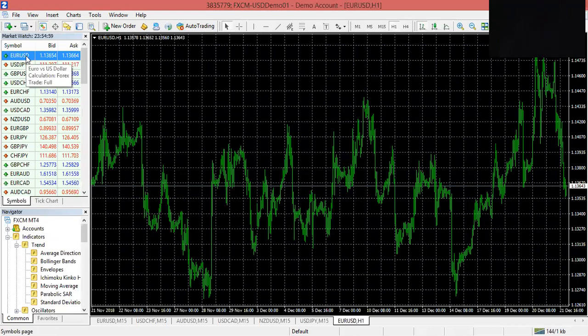Now, I like Euro USD because it's quite consistent, a lot of activities happen there, and the trading time is okay for me. So I like trading on this. The movements here are not too large, but at least they are reasonable.